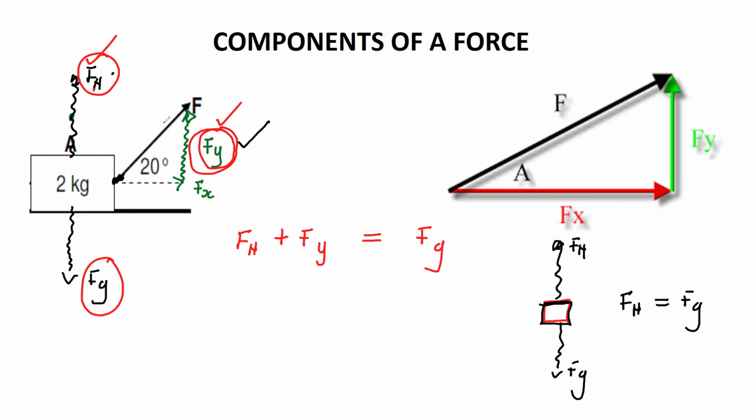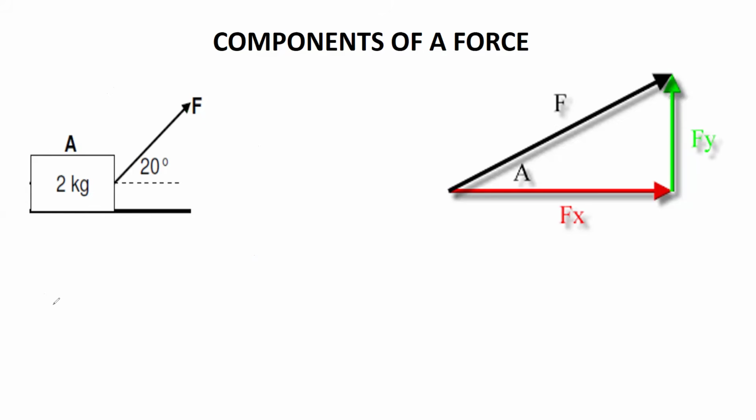Therefore, the Fn and the Fy, both being upward, are going to equate to the Fg. Perfect. I'm hoping people get this because I'm going to use this now in an exam question.